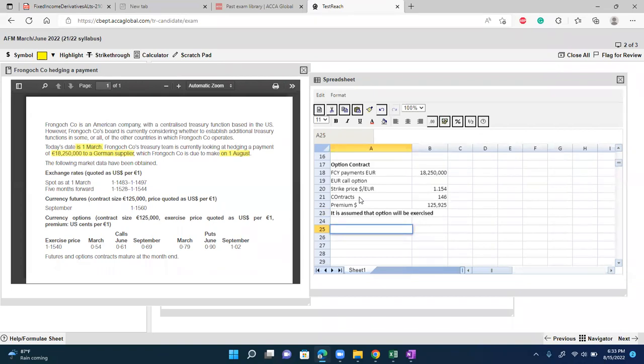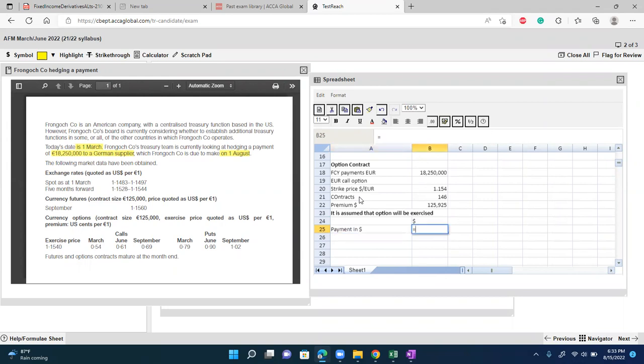So the answer in local currency is payment in dollars.